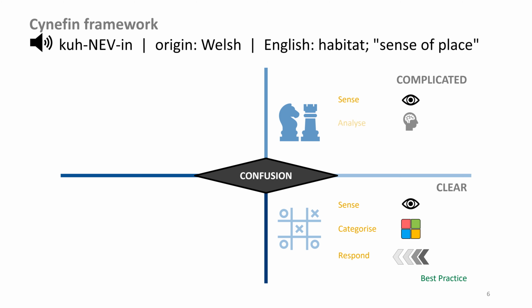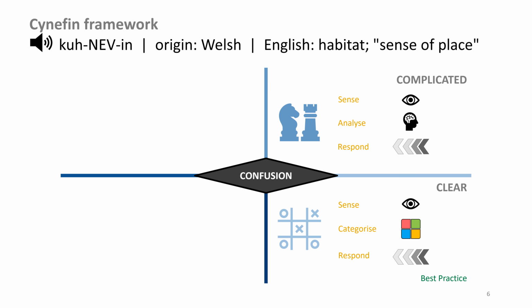You ask yourself, how does one gear fit into the other? How are the components connected? You form a model and look at how cause and effect are connected. Based on this model, you then respond.